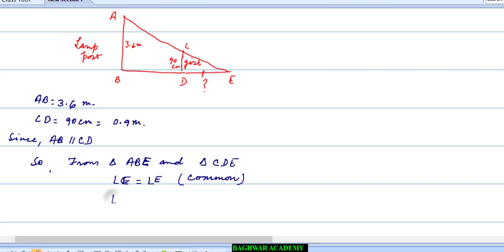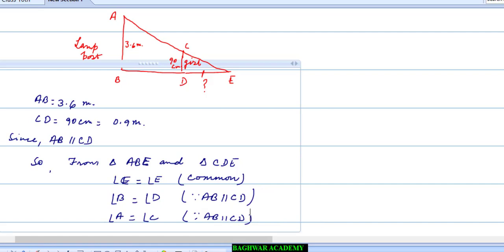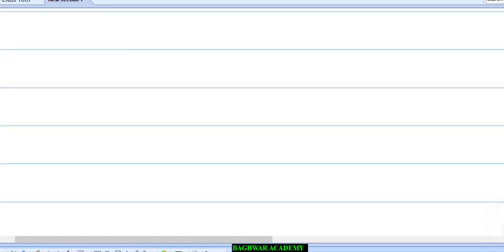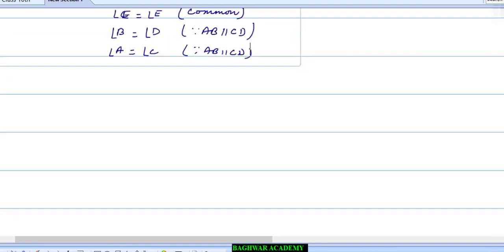Here you can see angle B is equal to angle D, since AB is parallel to CD. And one more thing you can find out, angle A is equal to angle C. Again the same reason, since AB is parallel to CD. So by the AAA criteria, you have already learnt the theorem.